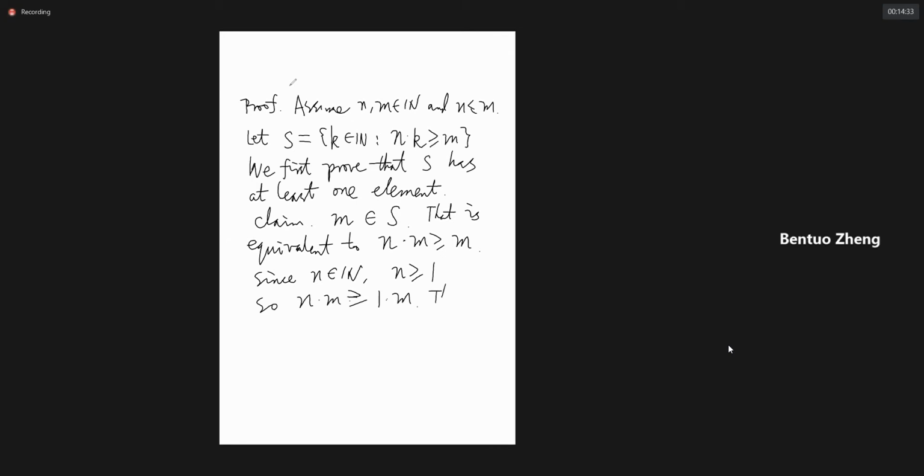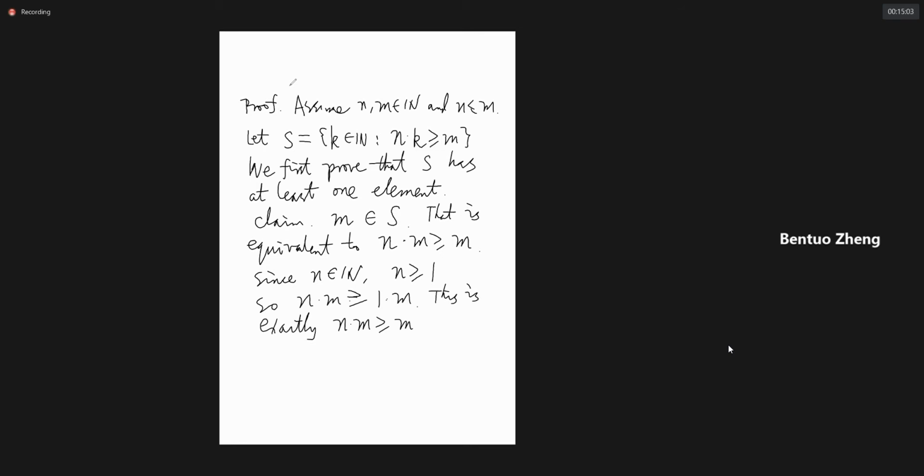This is exactly n times m is greater than or equal to m, because 1 times m is equal to m. All right, so we proved the first claim: m belongs to S, so S has at least one member, m.